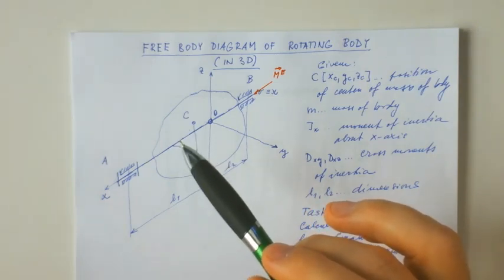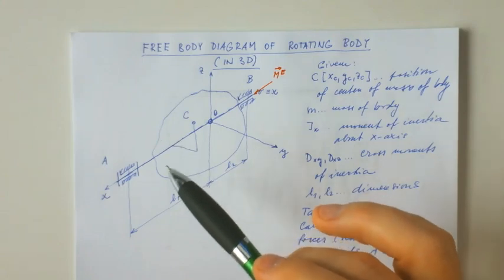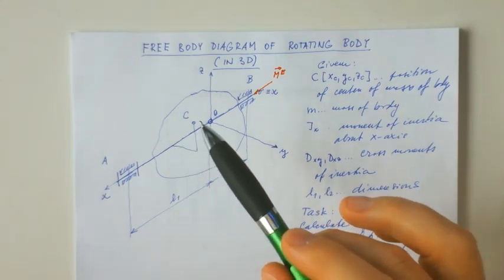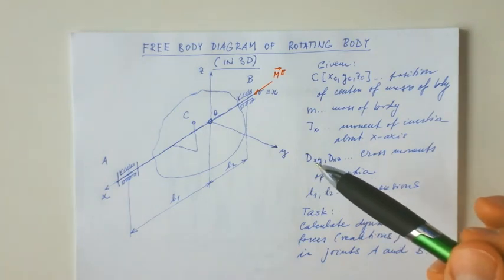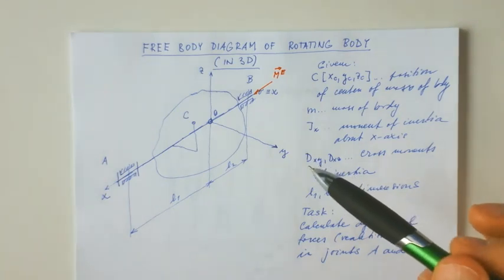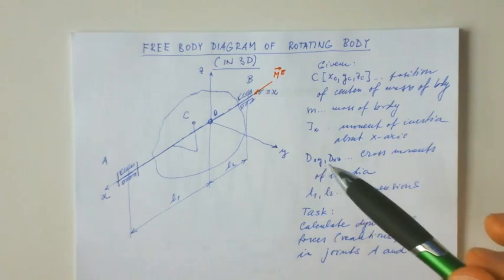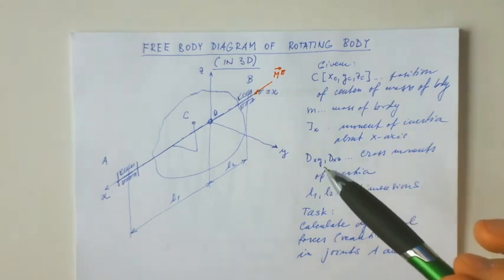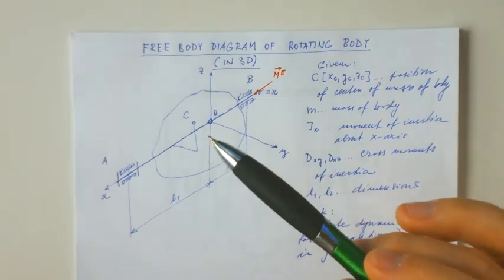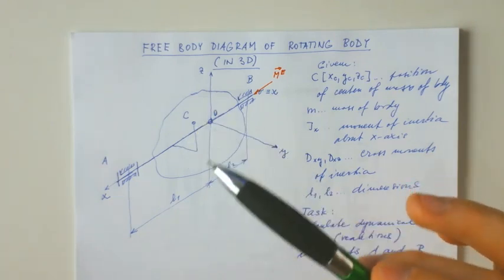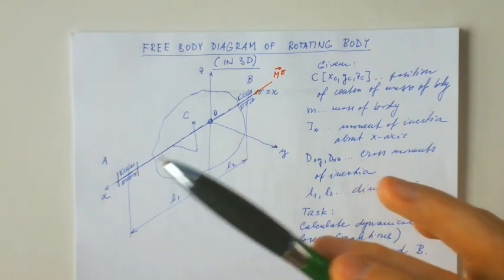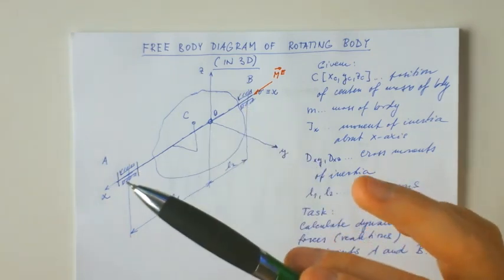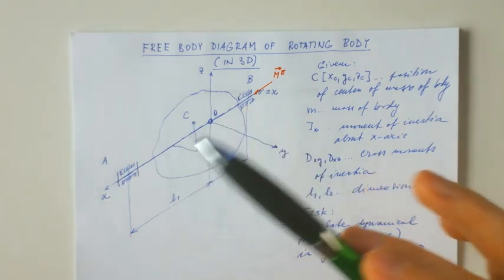Some dynamical forces will be generated here, and it also has some non-zero, non-trivial cross moments of inertia. You will understand it later. So if we start to rotate this body, the dynamical forces will appear here. So we are going to calculate them.